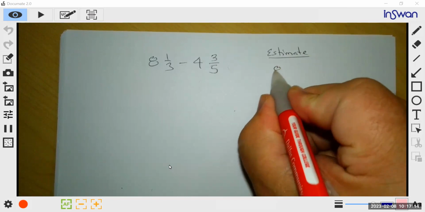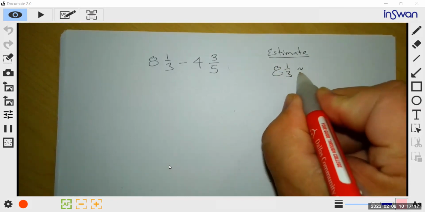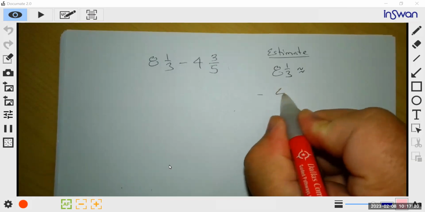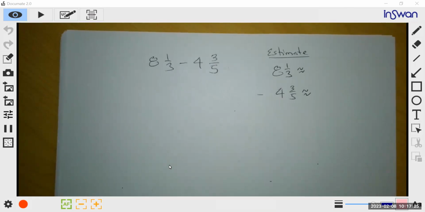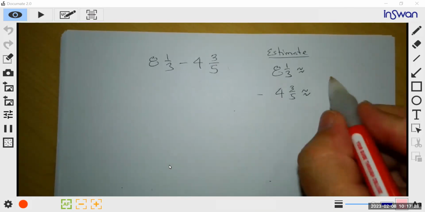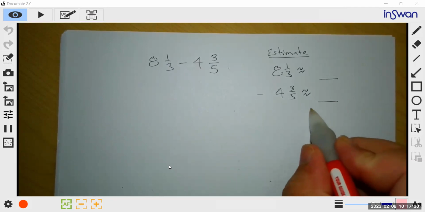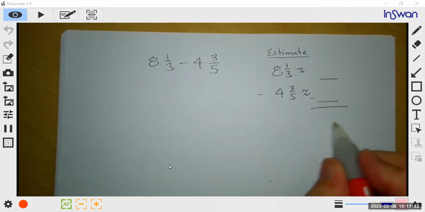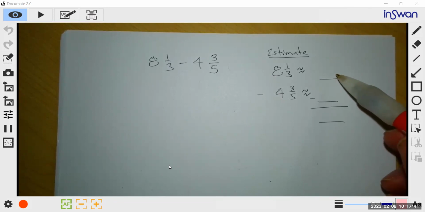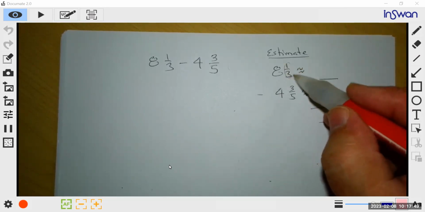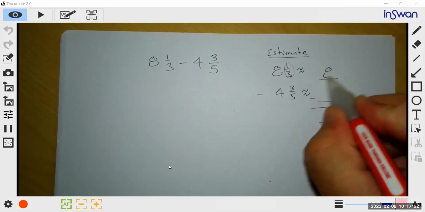So we have 8 1/3 minus 4 3/5. So what number goes here? Why? Yeah, 1/3 is less than 0.5. So this is just 8.